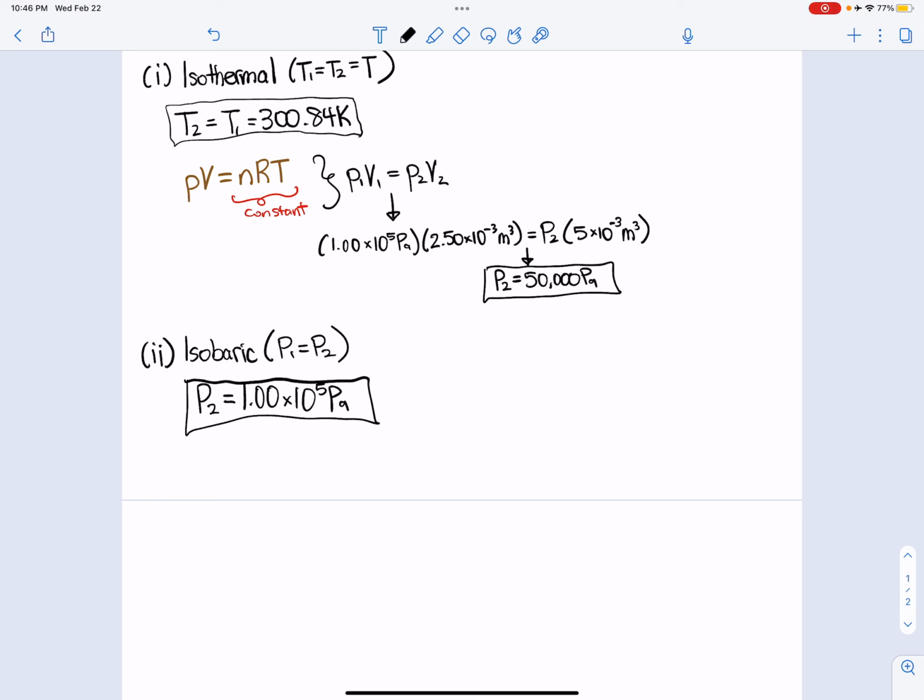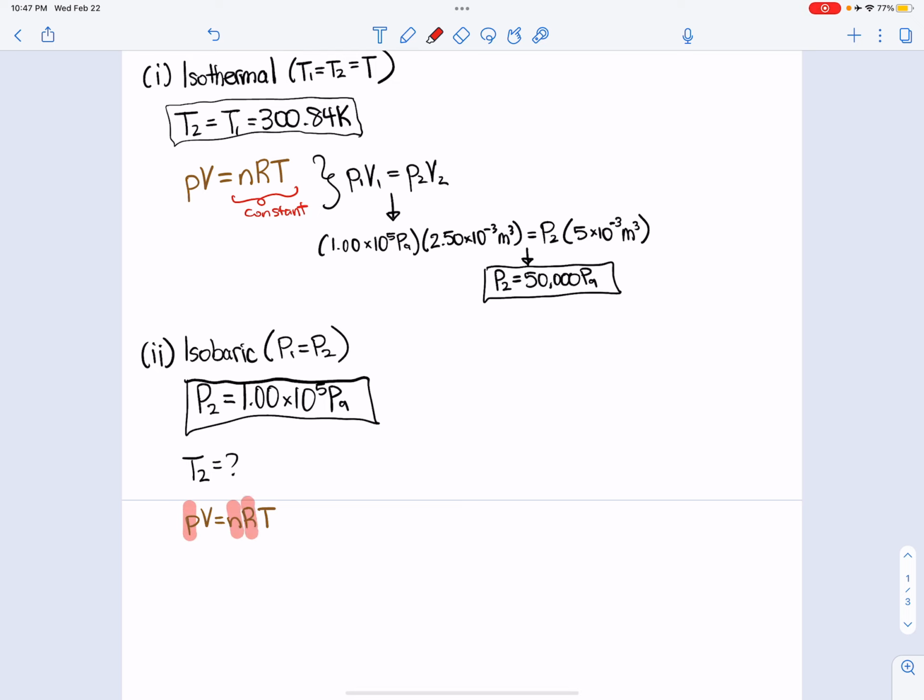Okay, and for T2, in an isobaric process, in order to find this, let's use again the handy-dandy ideal gas law. So PV equals nRT. And this time, what is constant for an isobaric process?